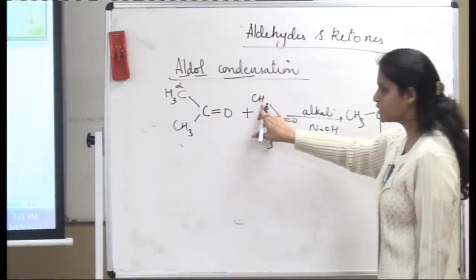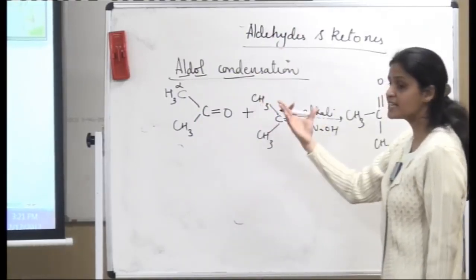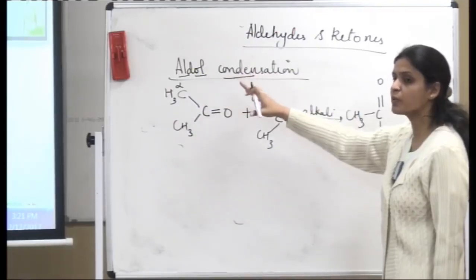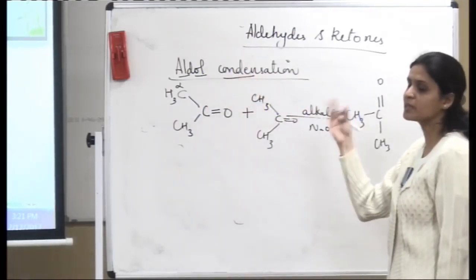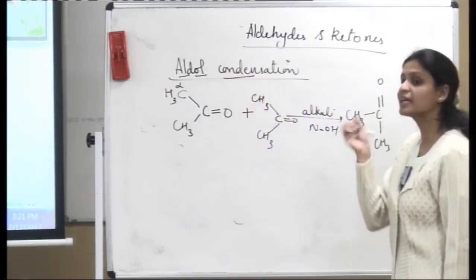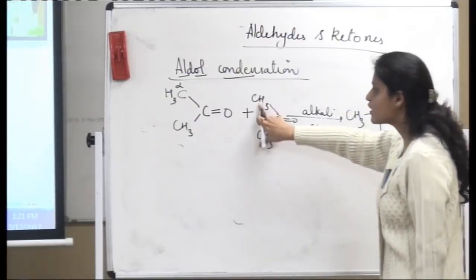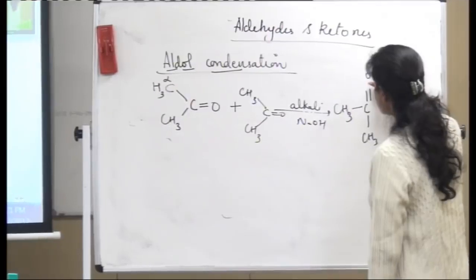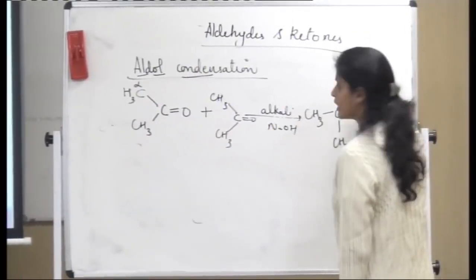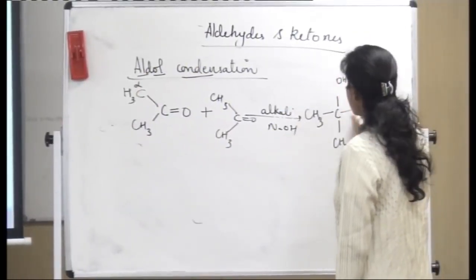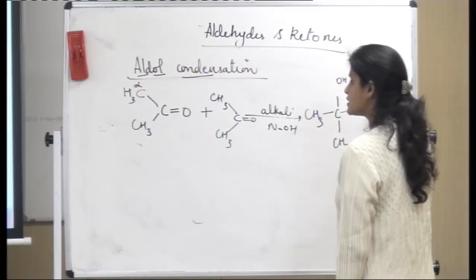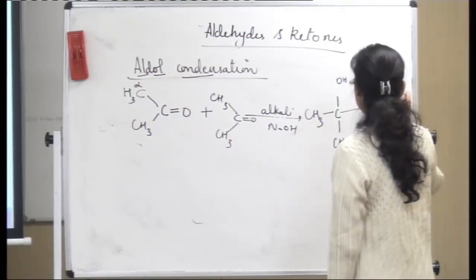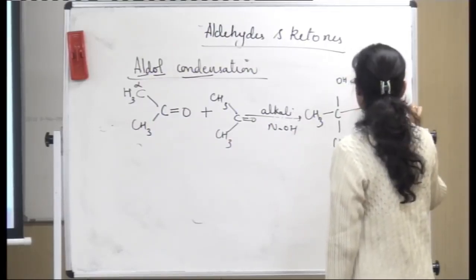It should combine with the alpha hydrogen. Why are we saying that aldol condensation is a property of molecules having alpha hydrogen? That means the alpha hydrogen participates in the bonding with this carbonyl group. So this carbonyl group gets reduced, right? Again, this becomes CH2COCH3, right?